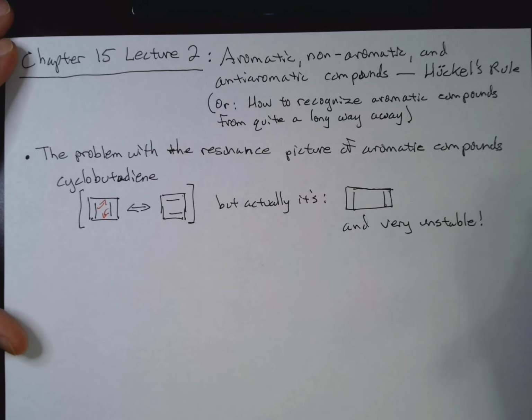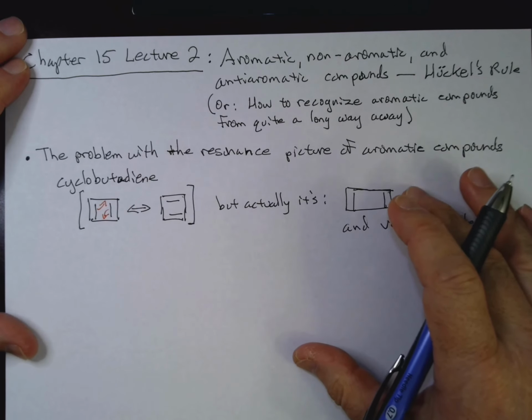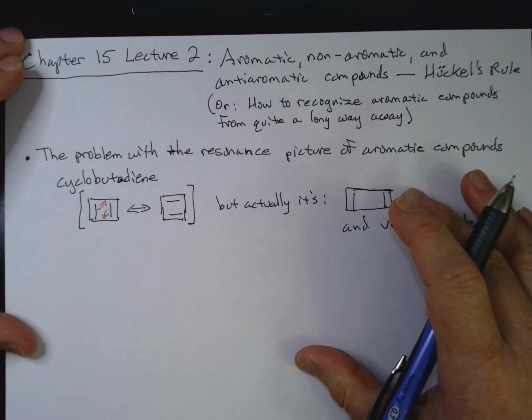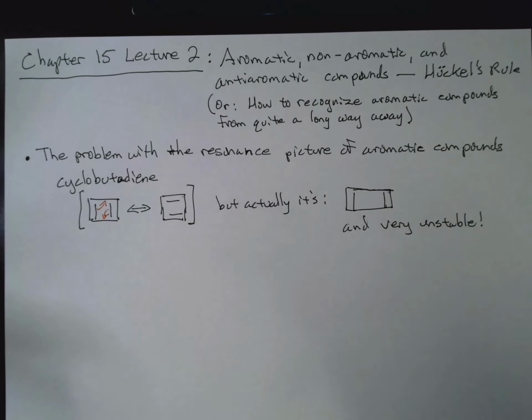That is, it's really, really tough to make. You have to use very low temperatures and an argon atmosphere and irradiate precursor molecules with UV light, and then you end up with individual molecules of cyclobutadiene stuck in a frozen argon matrix, and it's kind of crazy stuff.